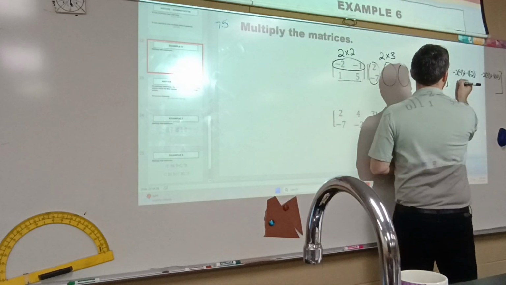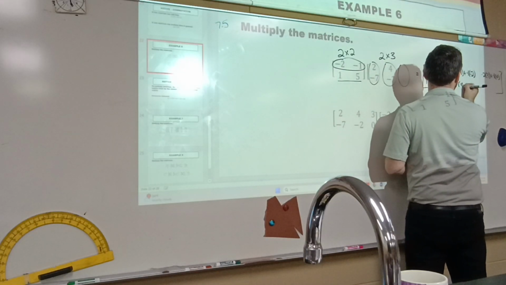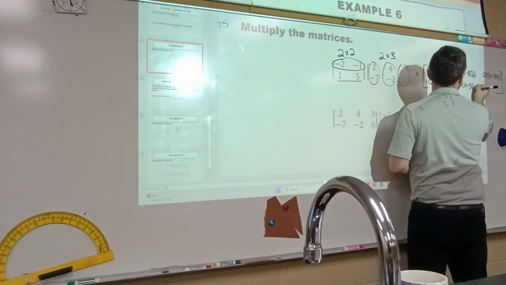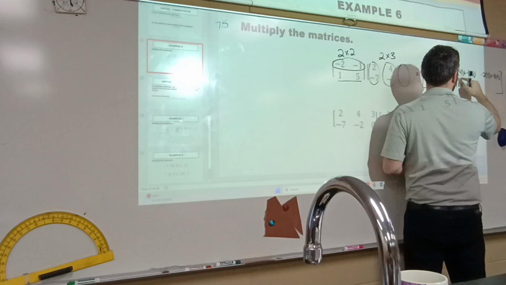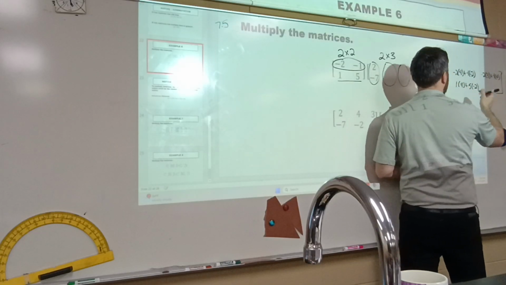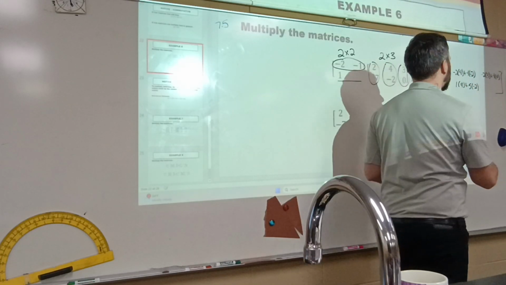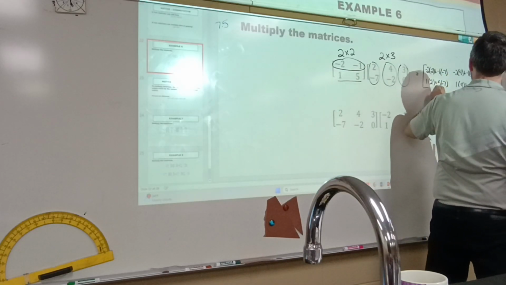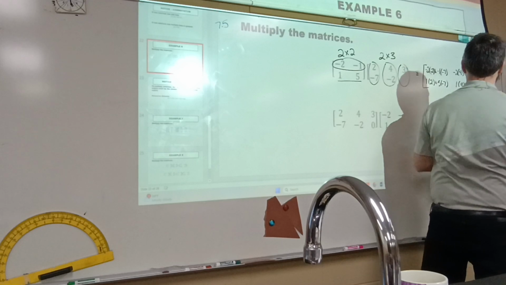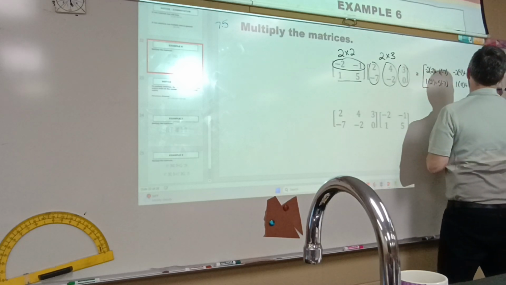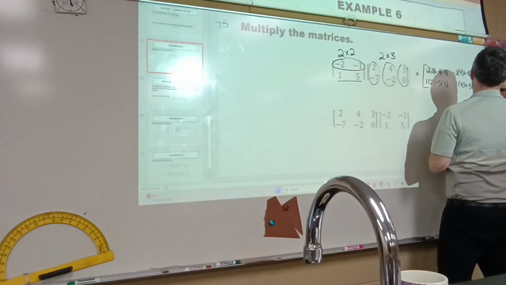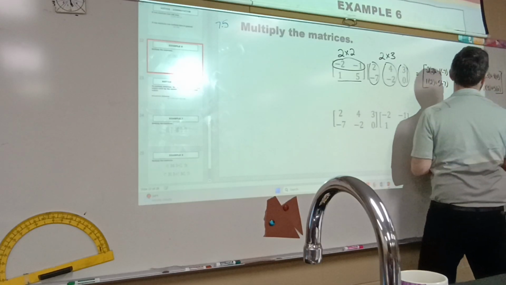I'm going to do my 1 times 4 plus 5 times -2, right? I'm getting these numbers from up there. You don't have to do it that way. Once you have this row done, you should be able to just plug and chug. 5 times 0. All right?